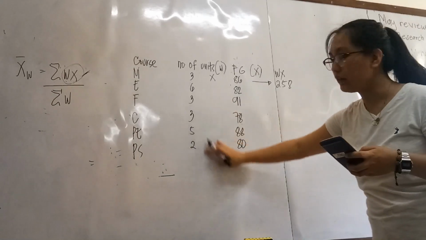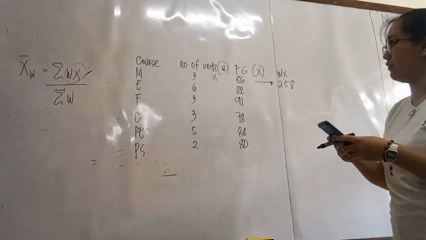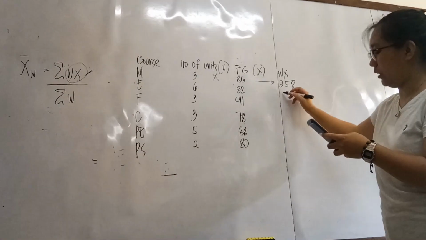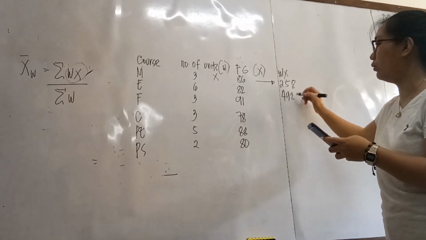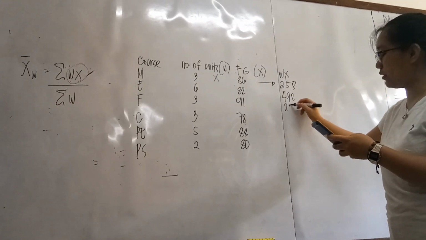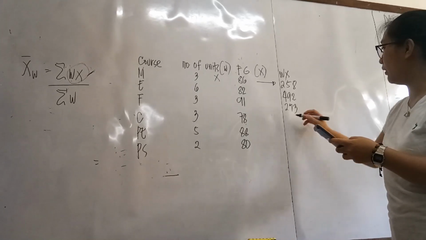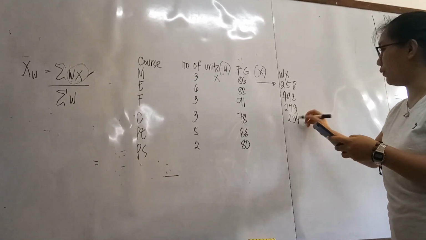Okay? You do that on all of the data. So let's try. We have 6 times 82, we have 492. And then we have 3 times 91, we have 273. 3 times 78, so we have 234.